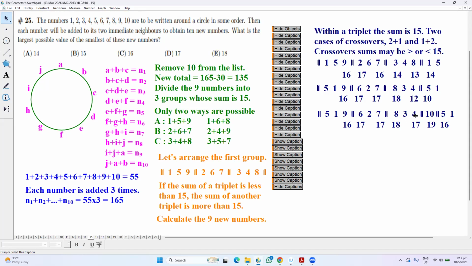Then 3, 4. Then we insert the 10. Insert 10, so 17. Then 4, 10, 5 is 19. Then 10, 5, 1 is 16. Okay, there's now the 4 and 5 in between, we put the 10. So the 12 and 10 got increased.